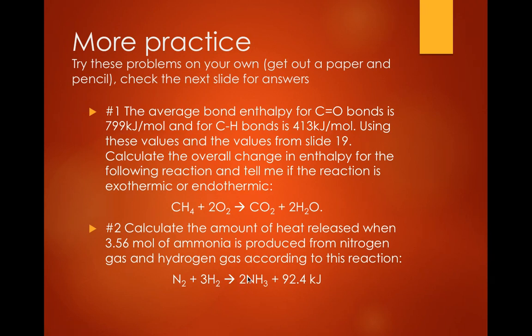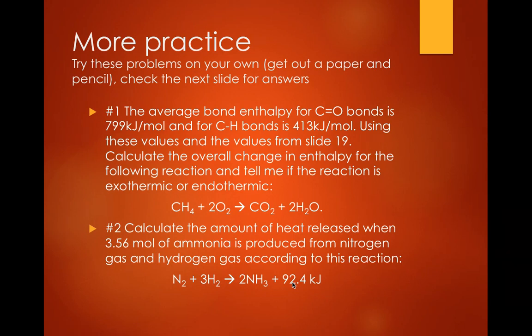So we're going to need to use that in our box 3. So we always start with what's given, box 1. Box 1 is a number that comes from the word problem, 3.56 moles of ammonia. Box 2, our units are new, and that's going to be our enthalpy, 92.4 kilojoules.